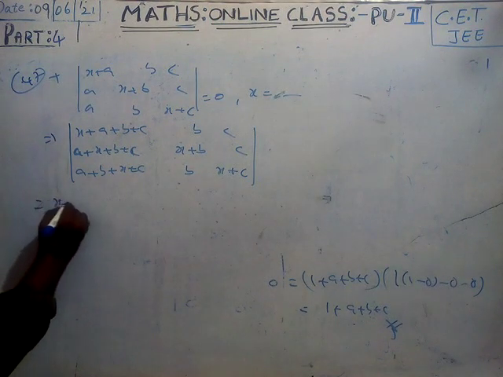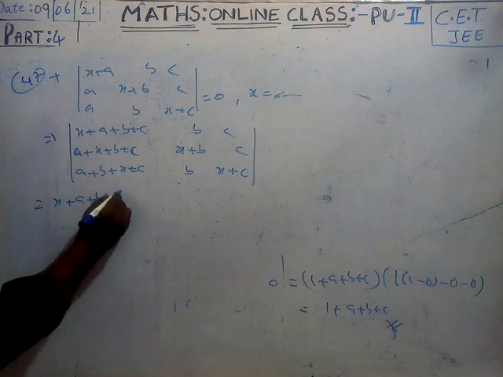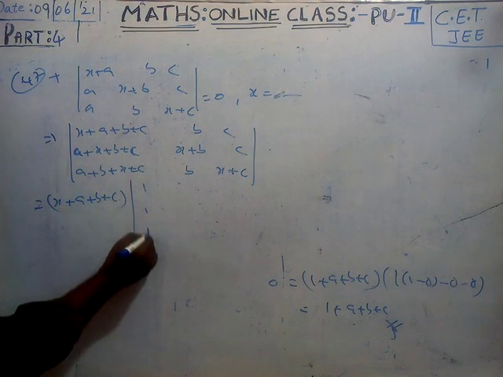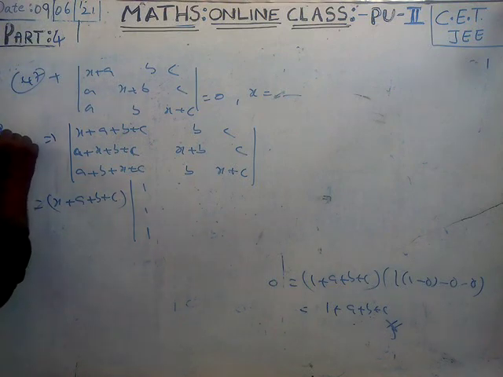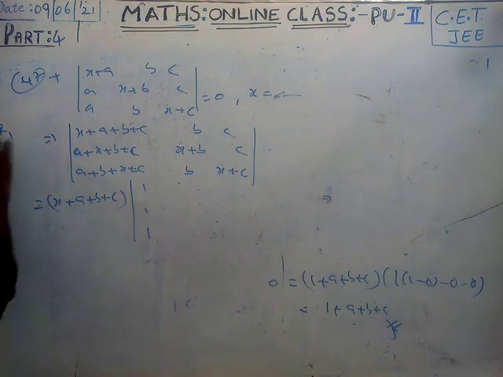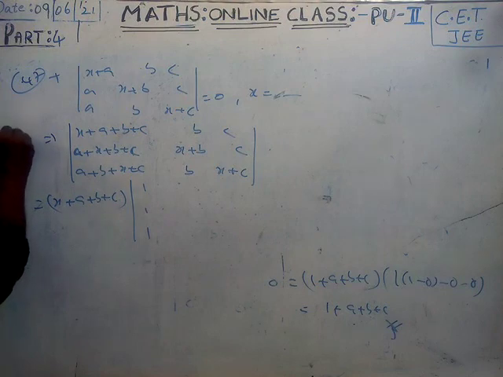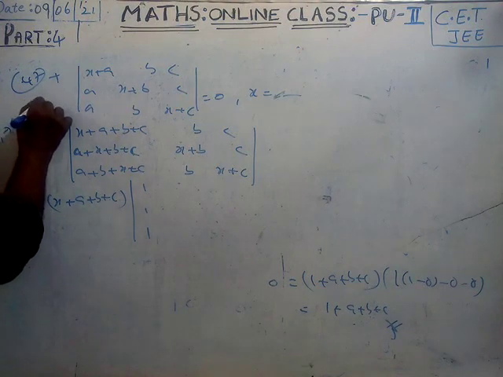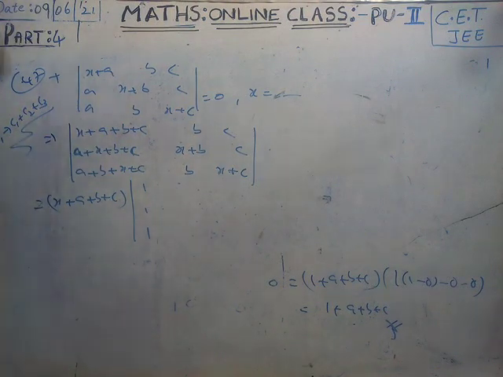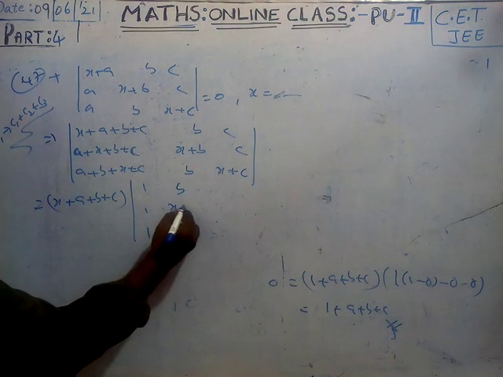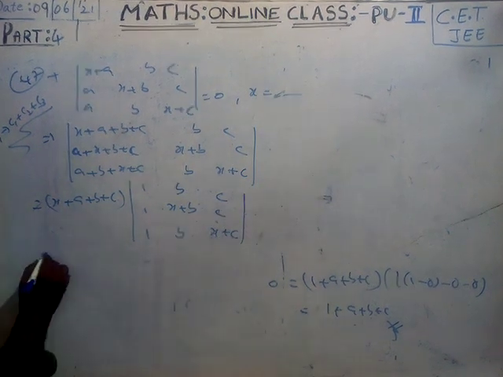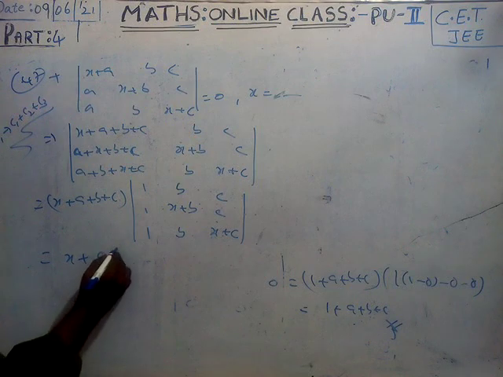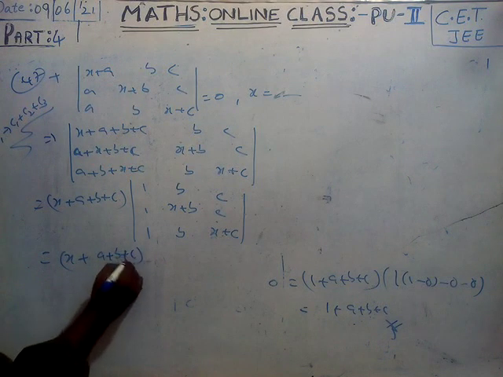Correct? x plus a plus b plus c is taken as common. 1, 1, 1. What I am applying here? C1 becomes C1 plus C2 plus C3. That is the thing. C1 added to C2 and C3. Now it is b, x plus b, b, c, c, x plus c, with x plus a plus b plus c common.